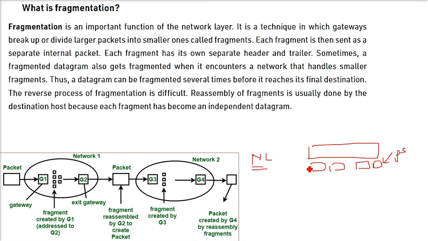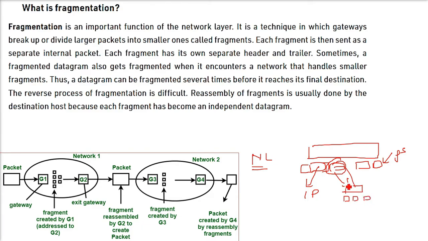Each fragment has its own header and its own trailer. Now, sometimes a fragmented datagram also gets fragmented again when it comes into a network that handles smaller fragments. So the datagram can be fragmented several times before it finally reaches the destination.